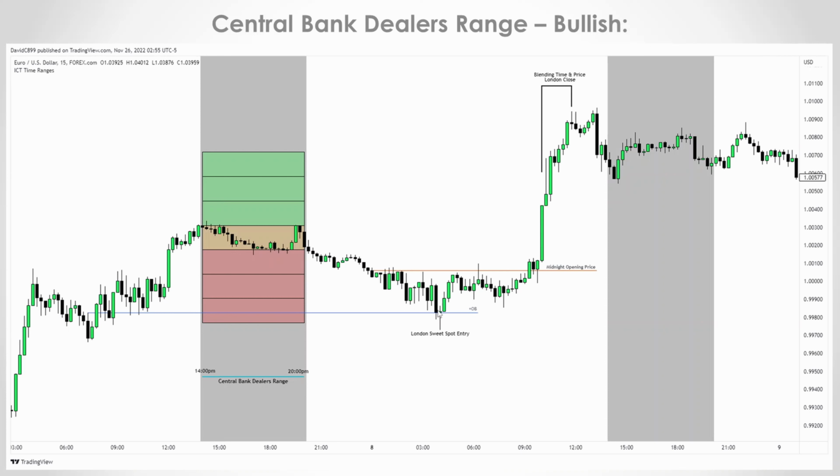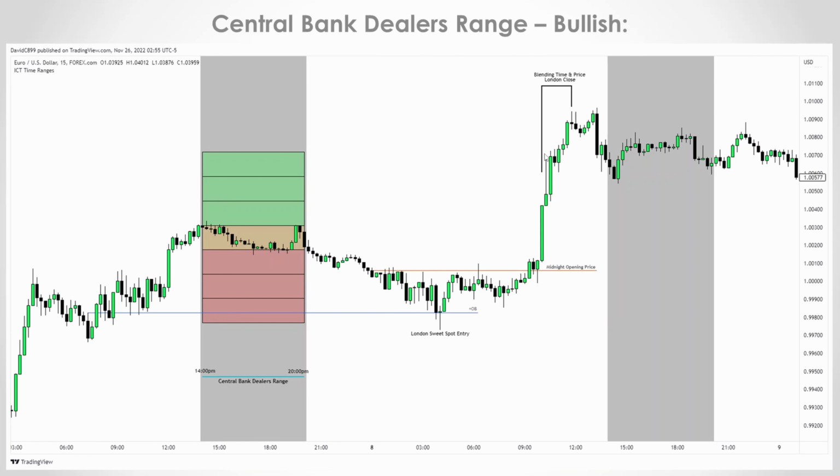For profit taking, we want to take profit during the London close time period from 10 a.m. to 12 p.m. and we want to project the range from the central bank dealers range in the opposite direction. So basically what I'm saying here, if we are entering in the third standard deviation, we want to take profit, or at least partials, in the third standard deviation.